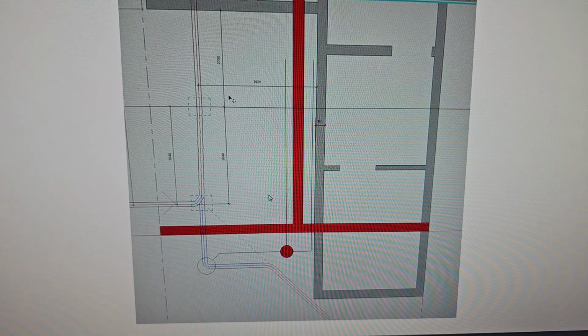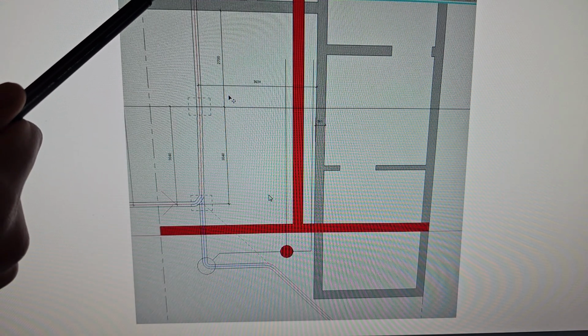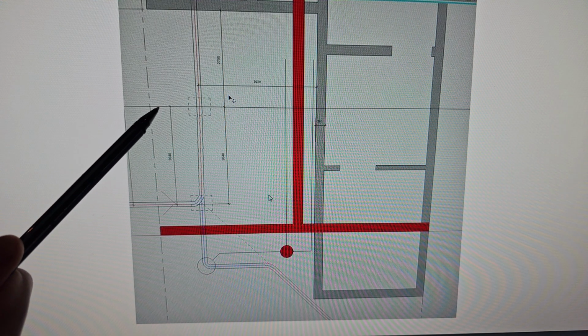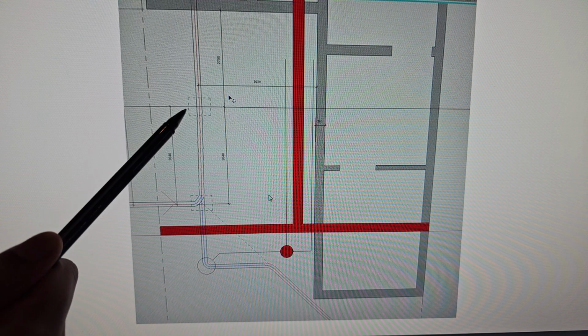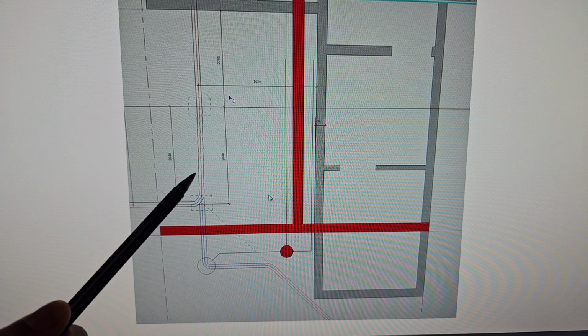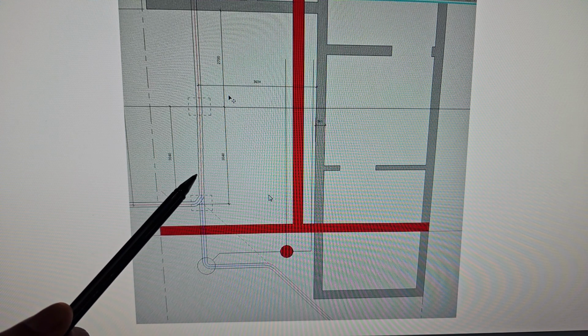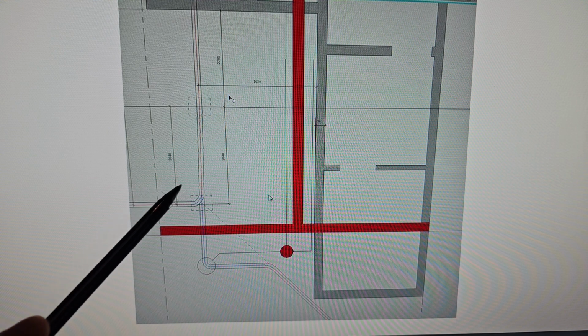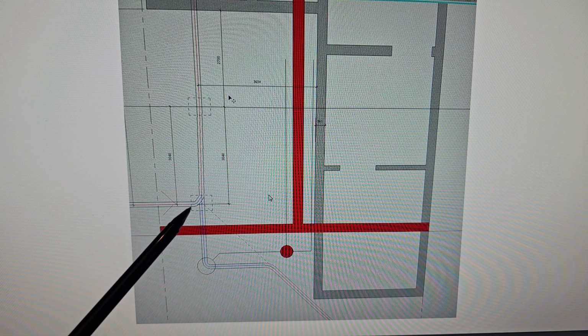What he's done is he's making an assumption that the drainage flow comes in, and what Thames Water in their build over agreement have said is that we are able to rip out that manhole and replace it with a straight run pipe, and then we rip out the second manhole and replace it with a Y bend, which will bend right to the left, and it will go straight.